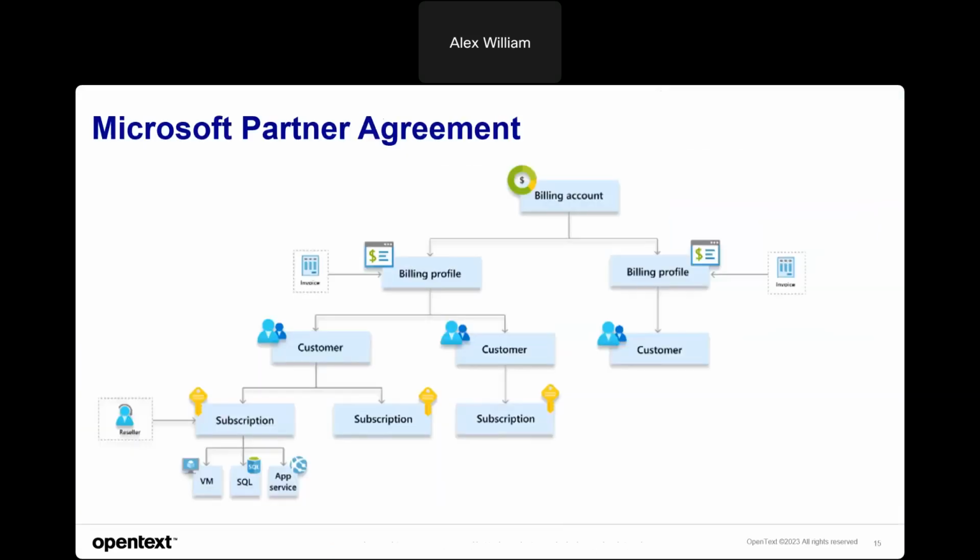So when it comes to the partner agreement based integration, which is MPA based integration, this is the hierarchy that they generally follow. There is a billing account, and there is a billing profile, which is essentially for the currency, wherein, for example, one billing profile can manage a set of customers who are paying using US dollars.